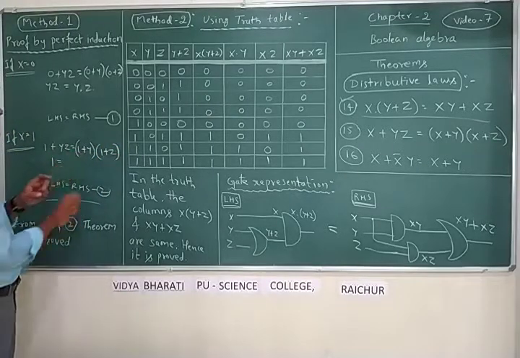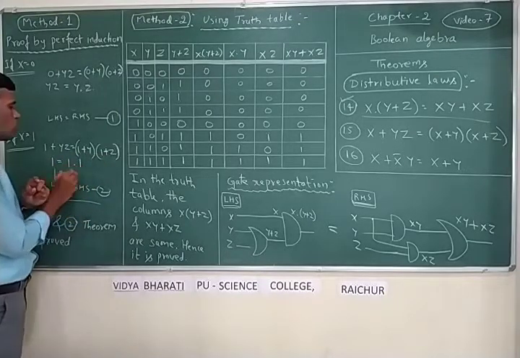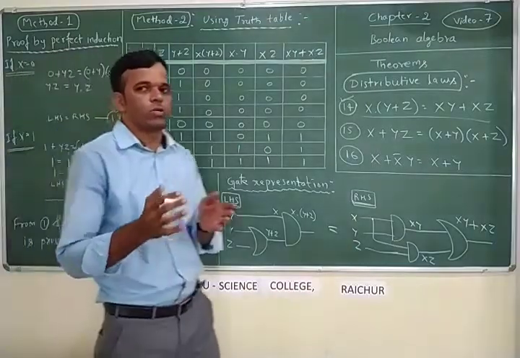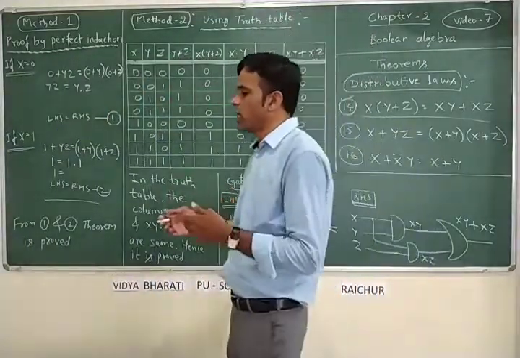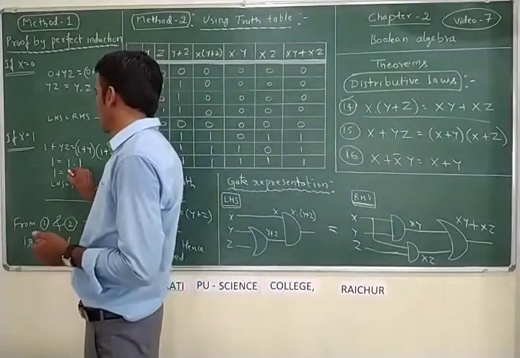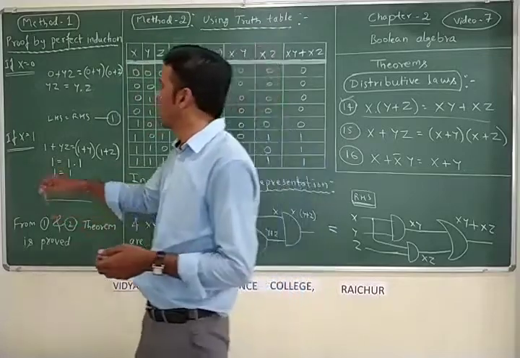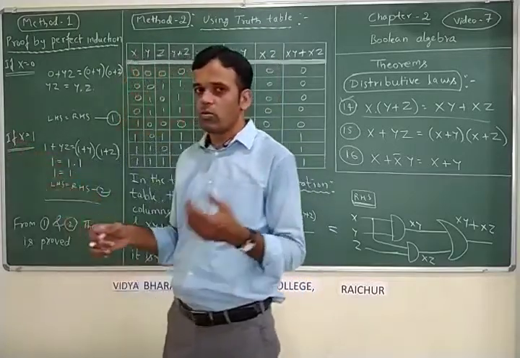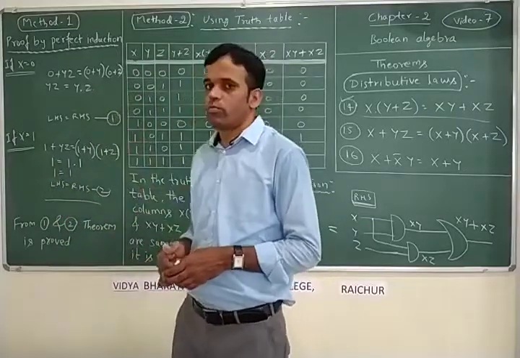This side, 1 plus y is 1 and 1 plus z is 1. Next line, 1 equals 1 into 1. 1 ANDed with 1, both are 1 and the AND operation gives 1. So again LHS equals RHS even when you consider x as 1. So from 1 and 2, the theorem is proved by the perfect induction method.